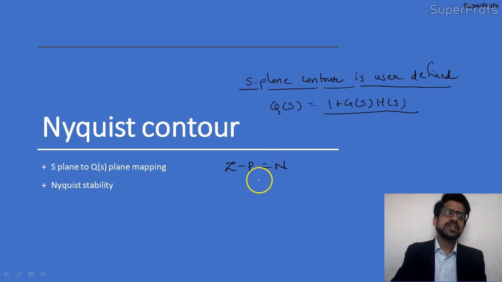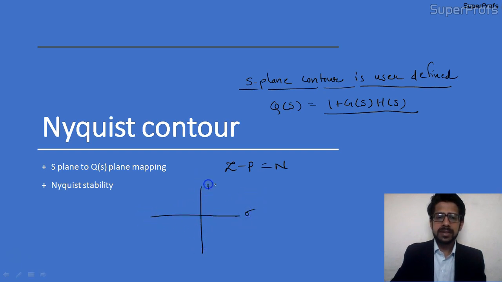Now, Nyquist used the logic that we already know for the S-plane, sigma plus J omega: if the poles of a function lie in the right half of the S-plane, the system will be unstable, right?